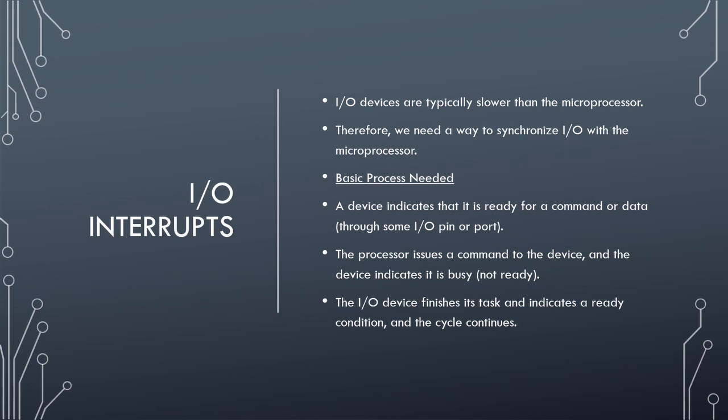In that case, we might need an interrupt so that the display can let the microcontroller know it's ready. The microcontroller sends a message, hello world, that's displayed on the LCD, and then it can send a signal back to the microcontroller to say it's ready for the next display. Again, all of this happens very quickly, but sometimes it is needed to make sure there's not a data jam or that one component isn't processing faster than all of the others.